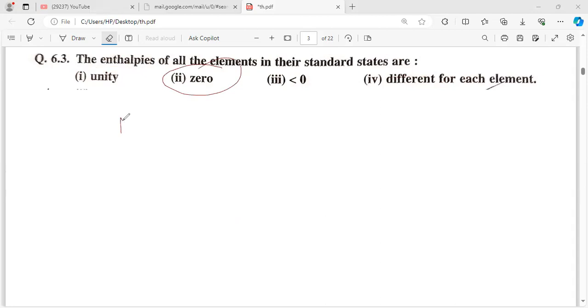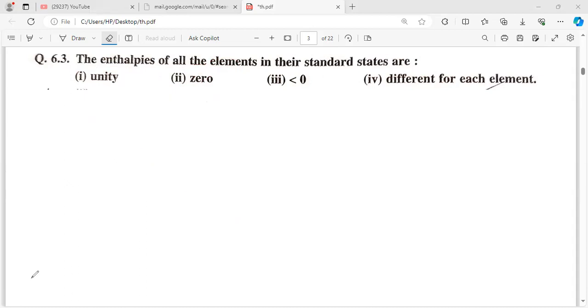This will be 0. Like this is H2. So delta fH is equal to 0. If you talk about delta fH naught, this is O2. Whatever standard things are already available in the environment, that enthalpy will be 0. So this is what you are saying, that is absolutely correct.